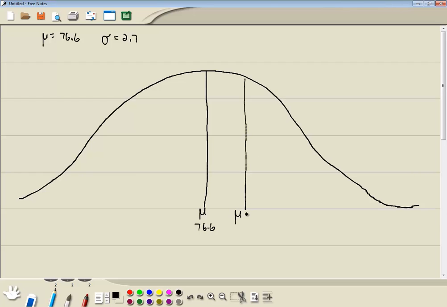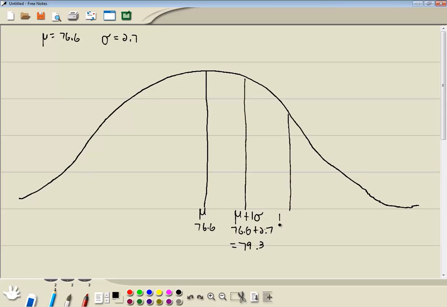Then this is your mean plus one standard deviation. I'll just do 1 sigma. So we're going to take our 76.6 and add 2.7. And let's see, 79.3. Let me double check that. Yeah, 79.3.